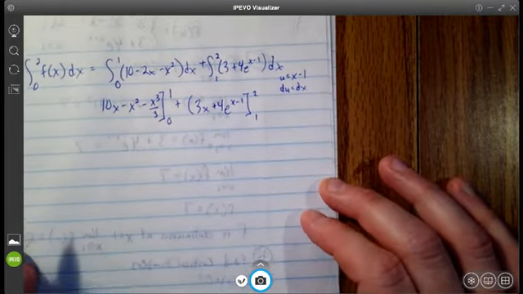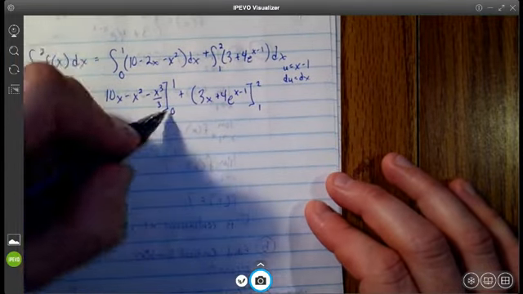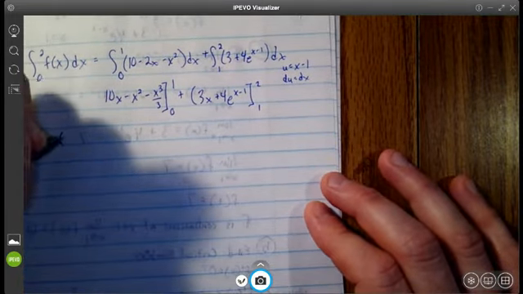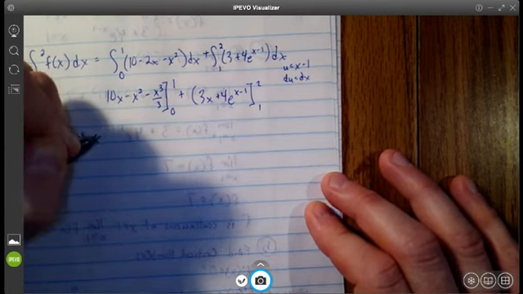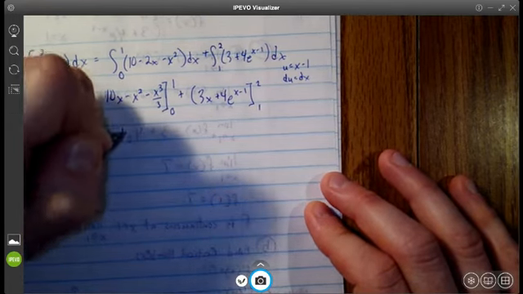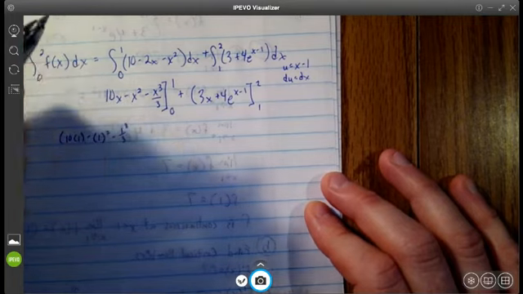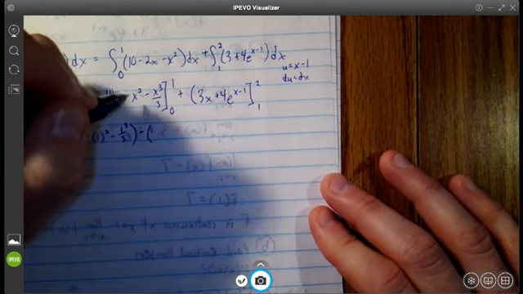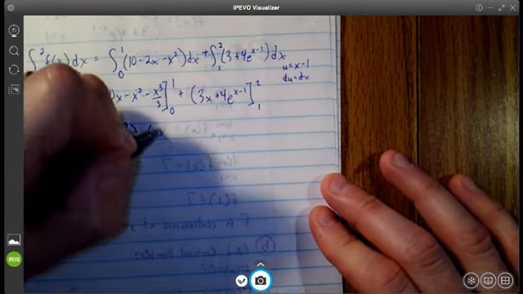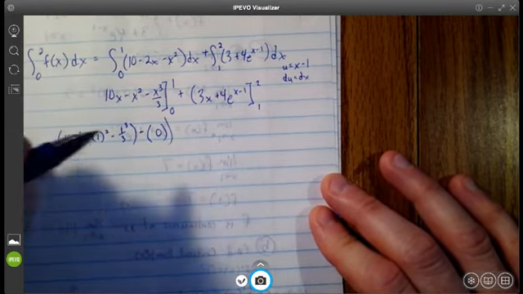Now we need to show that we understand what this means. So I get 10 times 1 minus 1 squared minus 1 cubed over 3, all of that minus 10 times 0 minus 0 minus 0, so 0. That's the first integral.